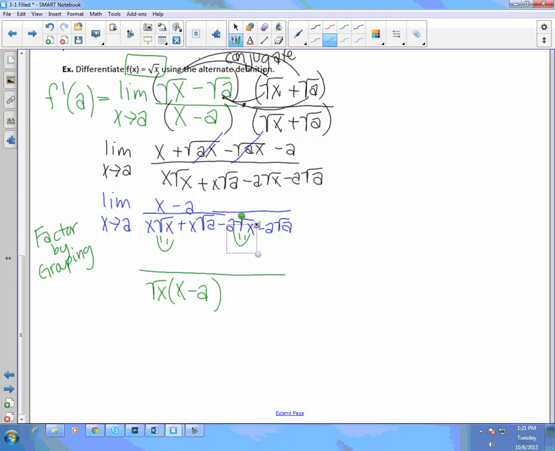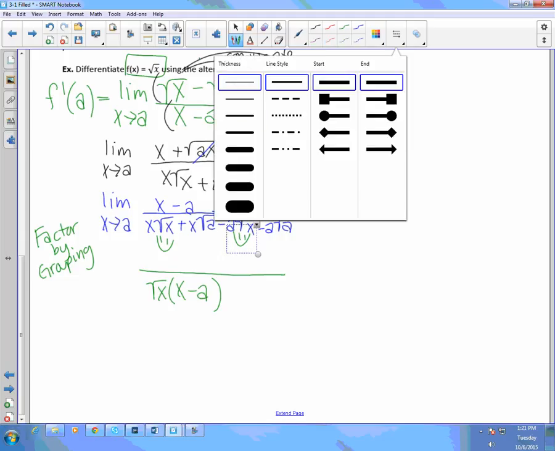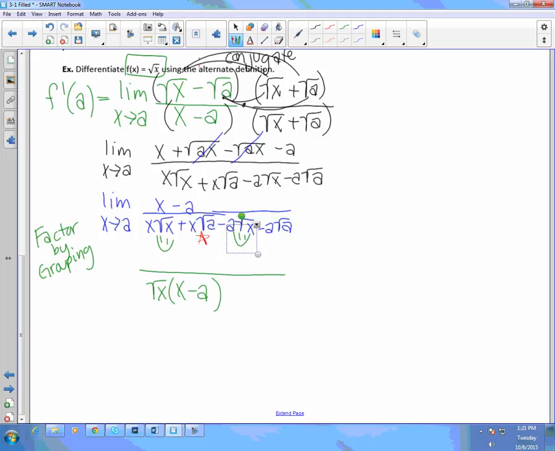The other like terms, root a and root a, have something in common. We pull out a positive root a. What remains? I take off the root a and divide it out. Get x minus a. Who has questions on this?